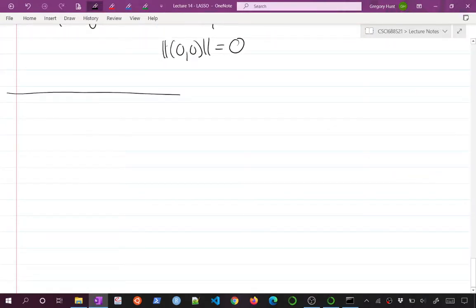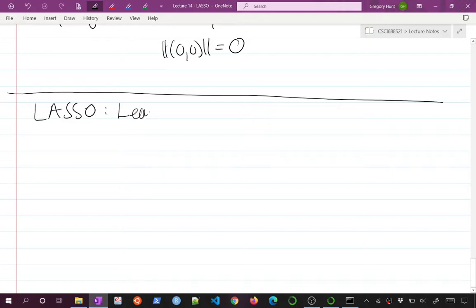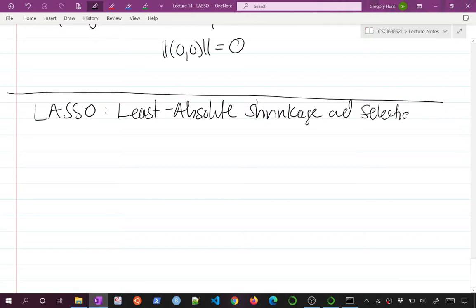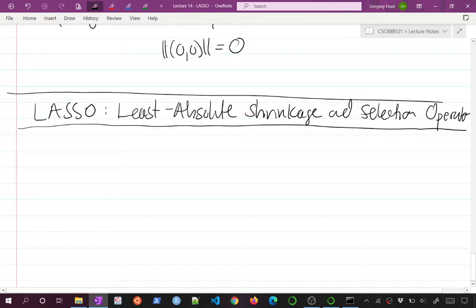So let's write this out. The official shorthand name is lasso, and that's how everyone will talk about this. It has a longer name, least absolute shrinkage and selection operator. So everyone just refers to it as the lasso.